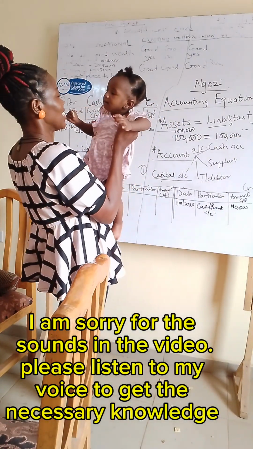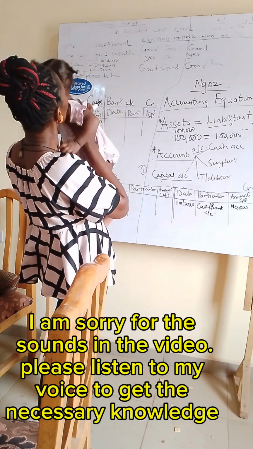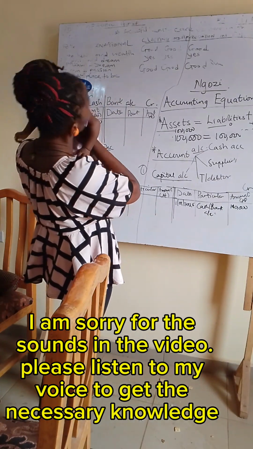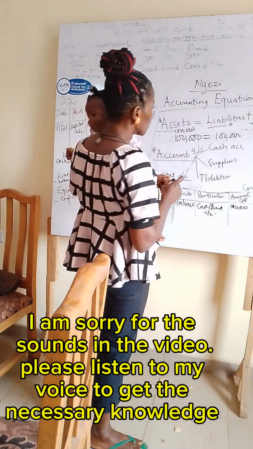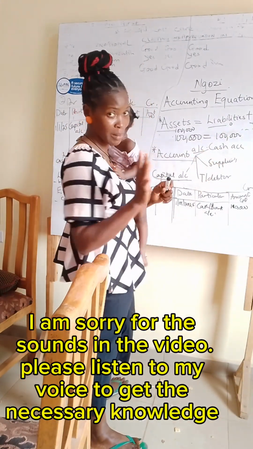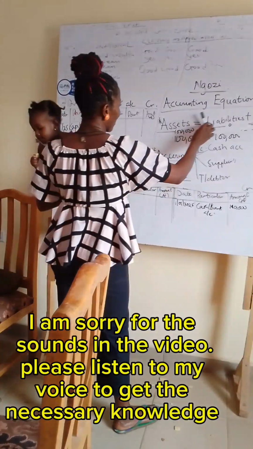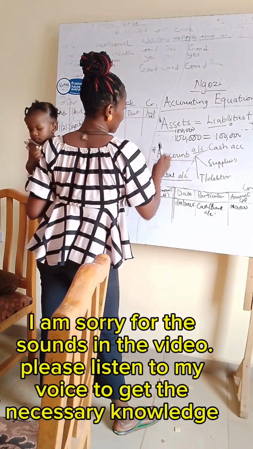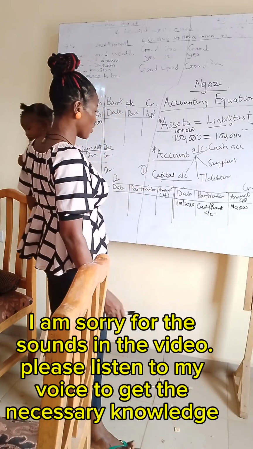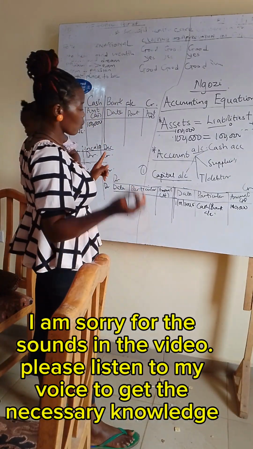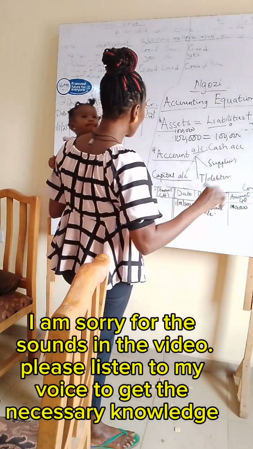So that's the equation. You can see it as balanced. It means that both sides are equal. Your asset is equal to your equity. You get that now? Hope you're getting me. Alright.